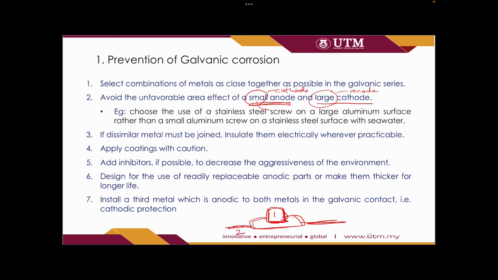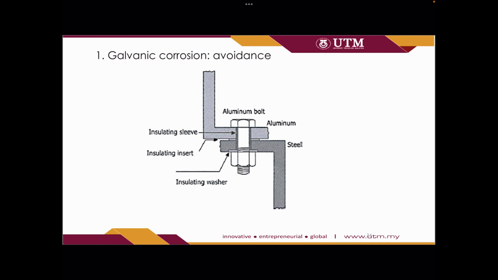If you want to join these two metals, which are different in electrode potential, you will need to apply a separator to avoid contact between metal 1 and metal 2. This metal 3 must be the most anodic compared to metal 1 and metal 2. This is good to protect both important structures.